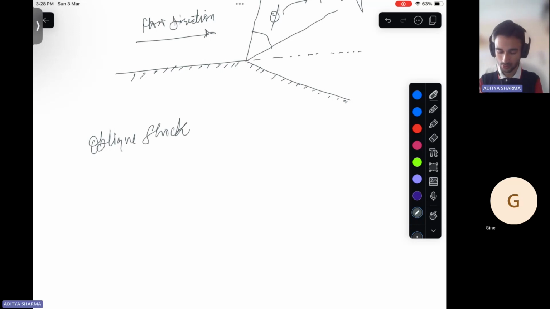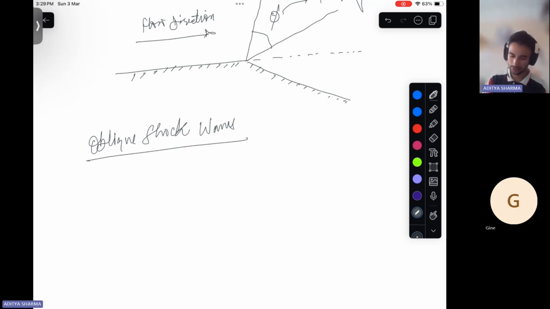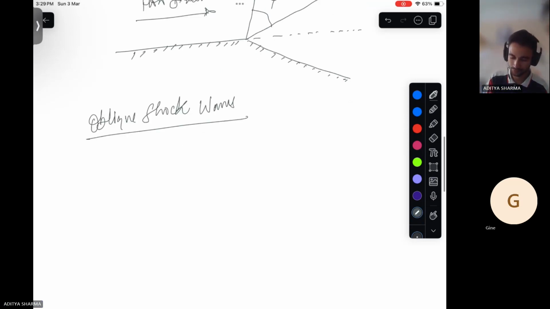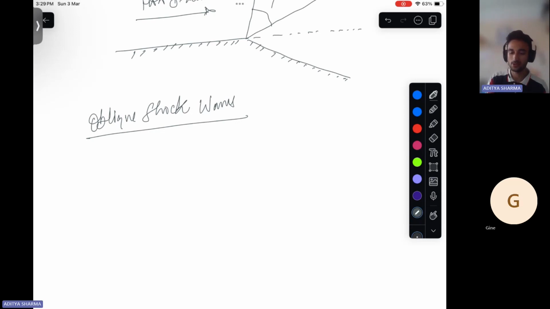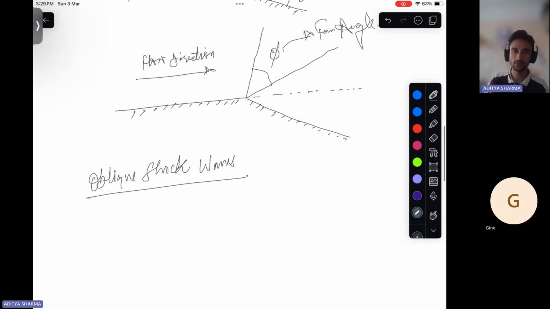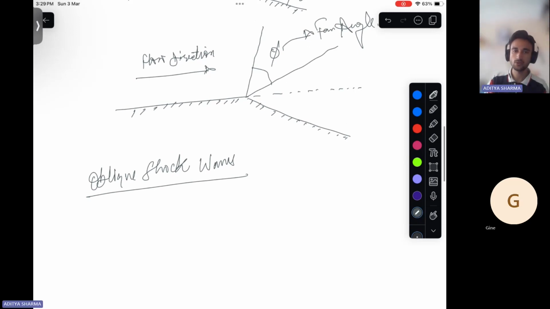So this is oblique shock waves, right? All right. So what we do here is, in an expansion fan, if you see this expansion wave, we moved the flow away from the flow direction.